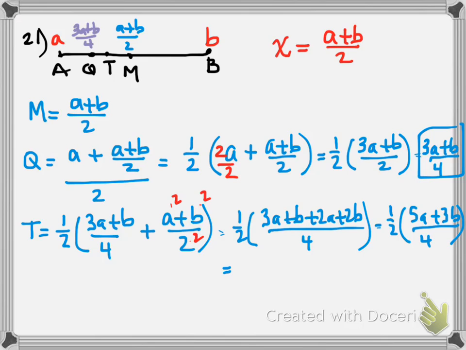So the final answer is going to be 5a plus 3b all over 8. Okay? All right, we have one more to look at. This is 22. 22 says, point T is the midpoint of segment RS.